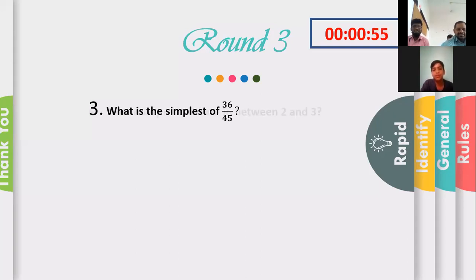Correct. How many rational numbers are there between 2 and 3? 1. What, beta? Infinite. Infinite, correct. What is the value of minus 4 raised to 3? Minus 64. Correct. Find 20% of 15? Skip.